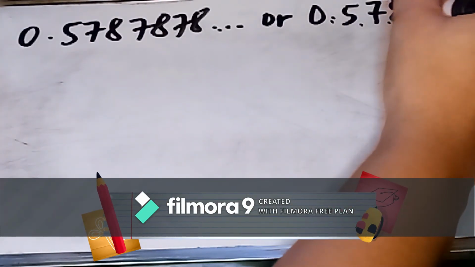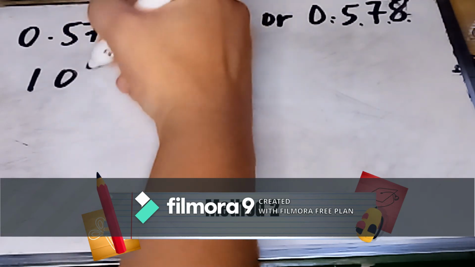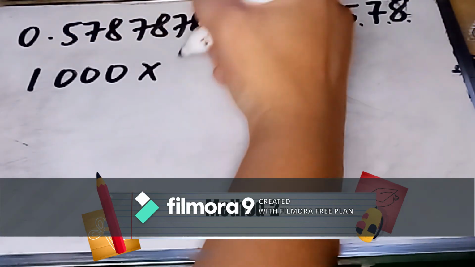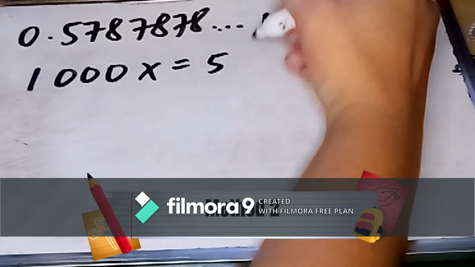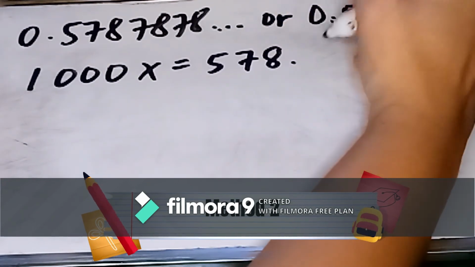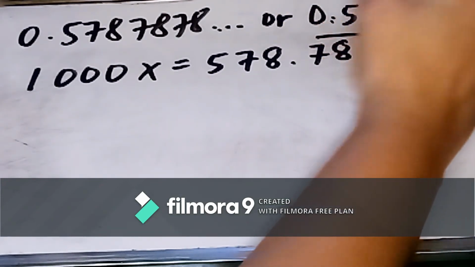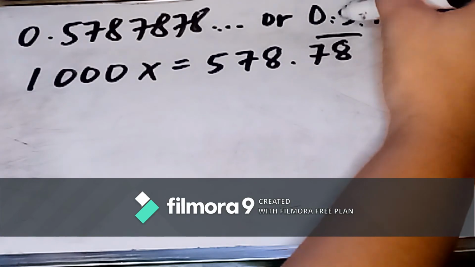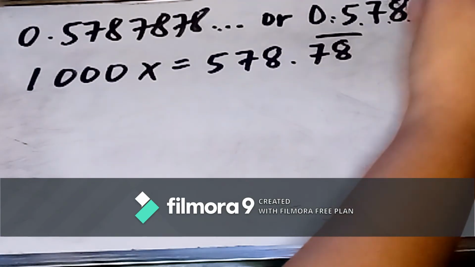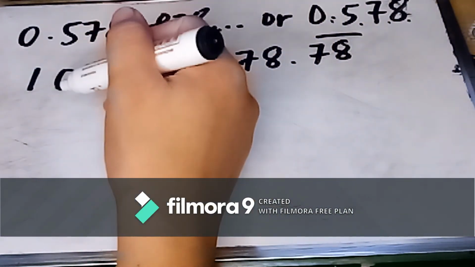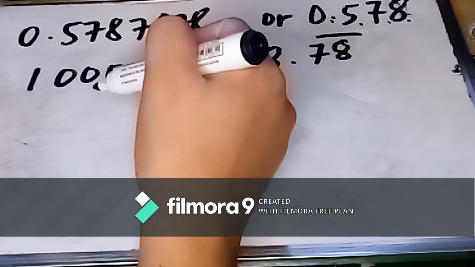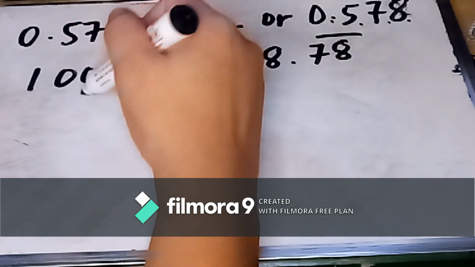Ikalawang method, 0.578. I-move ang decimal point na 3 beses kasama ang repeating at non-repeating decimal. So, 1,000x is equal to 578.78. I-move ang decimal point papunta ng kanan ng isang beses. So, 10x is equal to 5.78.